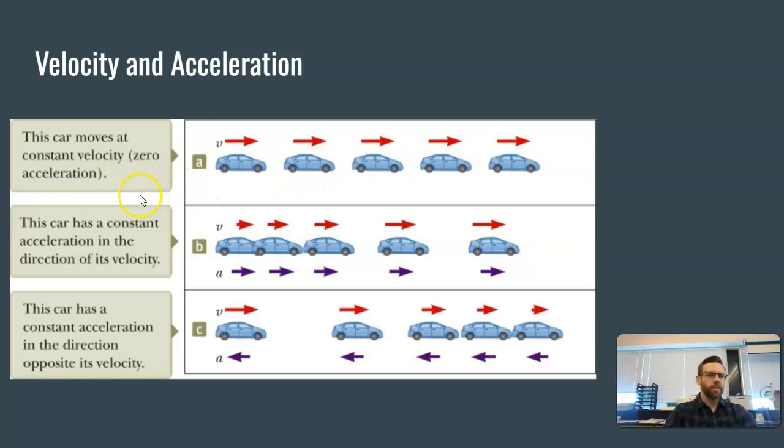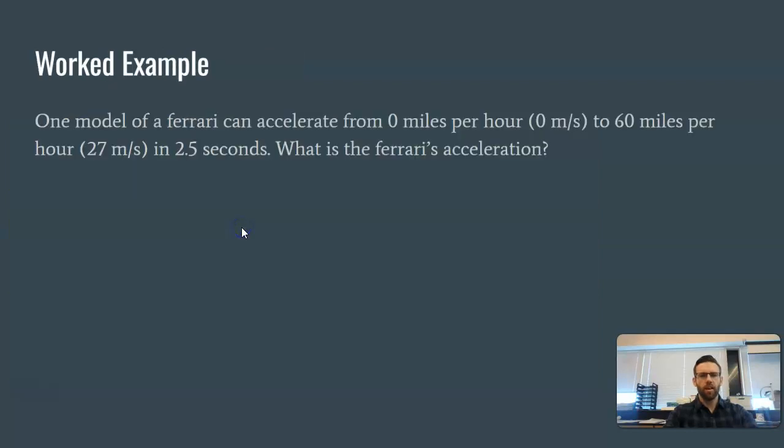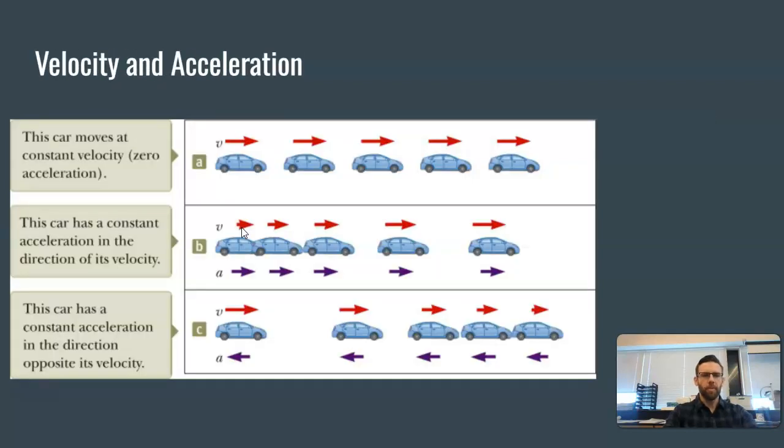Now let's look at a situation like this. This car has a constant acceleration in the direction of its velocity. So what this picture is showing is like taking a snapshot of the car every second. At first the velocity is low, but there's some acceleration. That means that the car is accelerating. It's like the driver is pushing on the gas pedal.